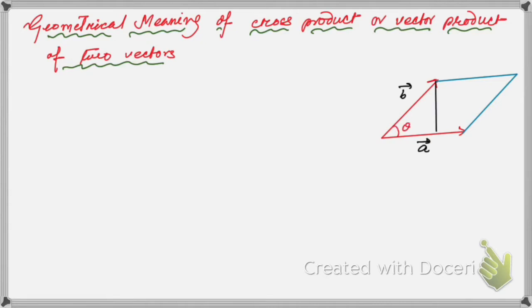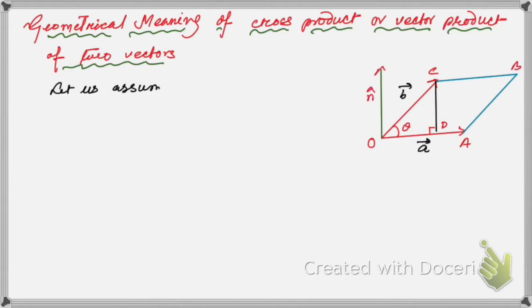This is theta, the angle between the two vectors, and this is the perpendicular I have drawn here, and the points are O, A, B, C. We have considered vector A and vector B as the adjacent sides of this parallelogram, and this point is suppose D, right? The direction of the resultant vector will be along this green colored line you can see here. This is n cap, right?